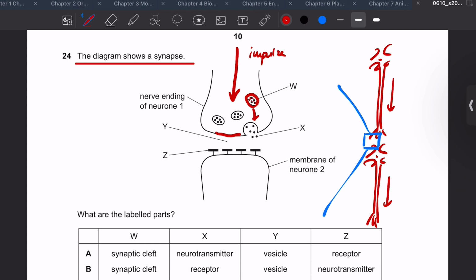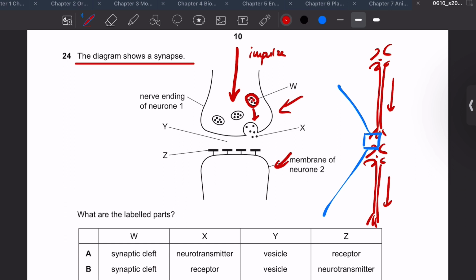And it's going to release the neurotransmitters inside, and these neurotransmitters will be concentrated, or they will get diffused into the synaptic cleft, which is a space between the presynapse and postsynapse.